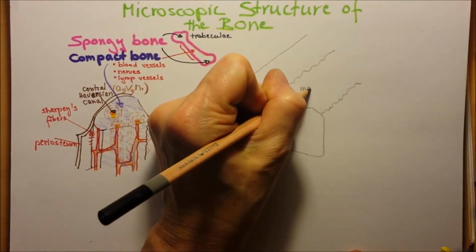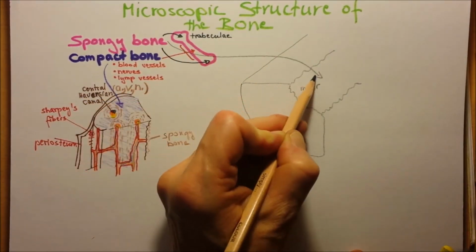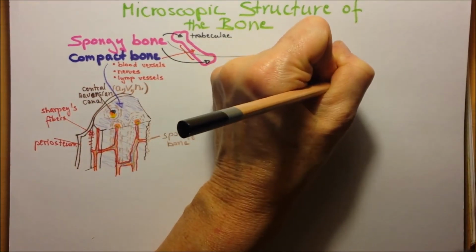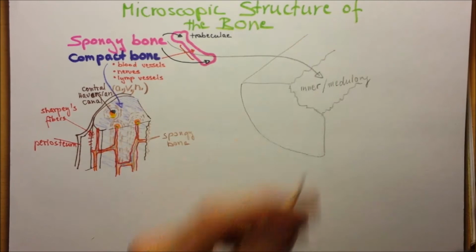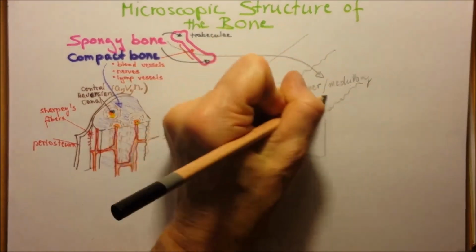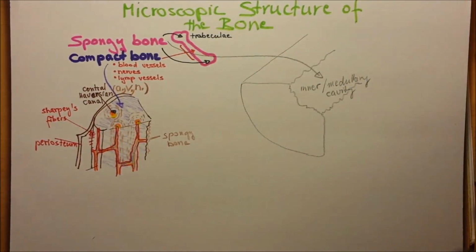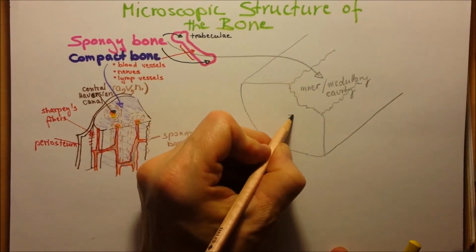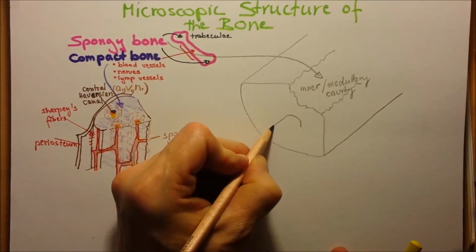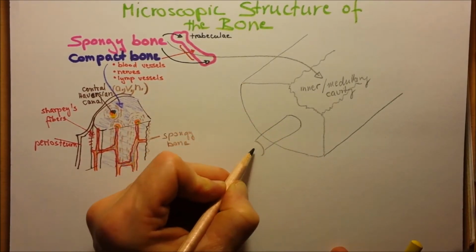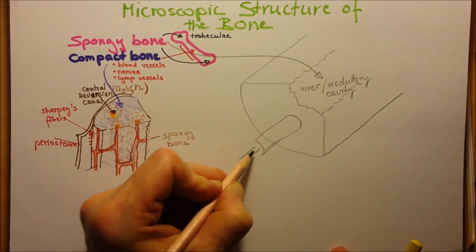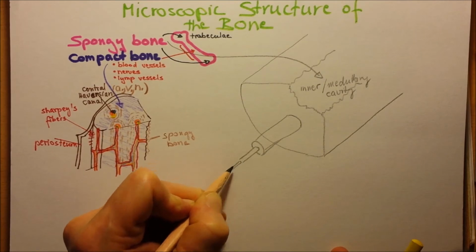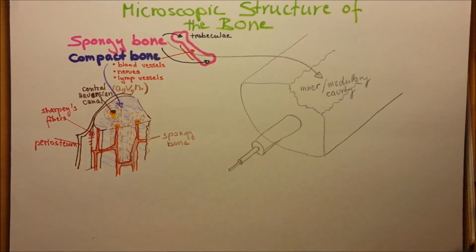So in here is the inner part, the medullary cavity, and its side is covered by endosteum. The medullary cavity is the site for blood cell production in the younger organism, and later on fatty tissue will take over the inner medullary cavity, the yellow marrow.